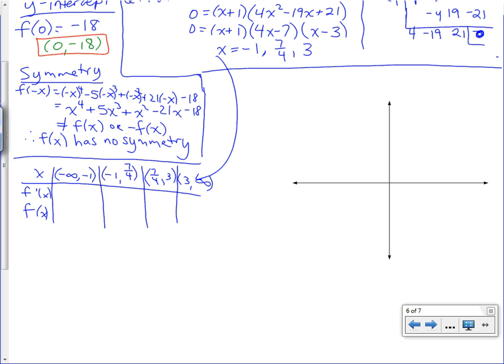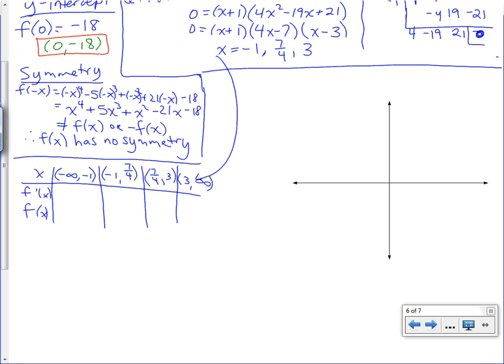What's happening when I let x be a number that's less than -1? Pick a test value, -2. So -2 plus 1 is what sign? Negative. 4 times -2 is -8, minus 7, that piece would be negative, right? -2 minus 3, negative.